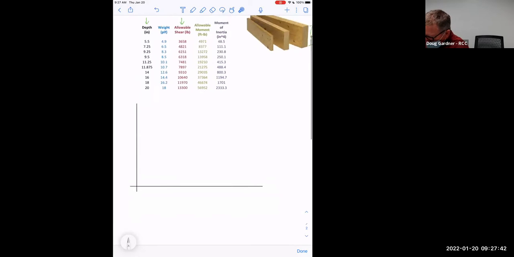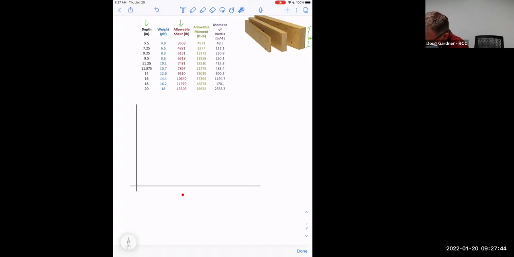And so I'm going to choose to put the depth down on this axis. And I'm going to put the shear over on this axis. Now, do you notice the size of the numbers, though, are really interesting? They're gigantic. And so let's see, I got to get from 5 to 20.